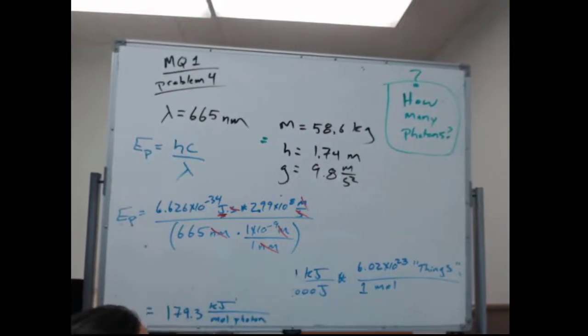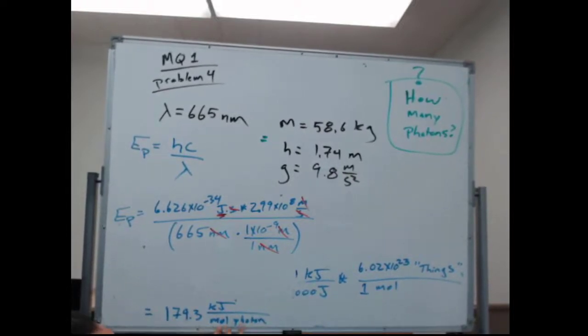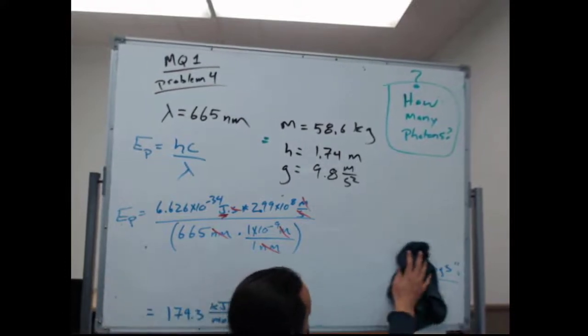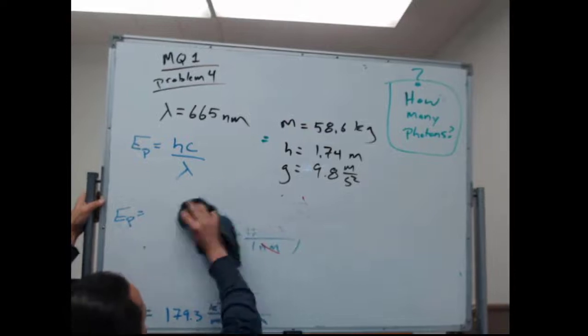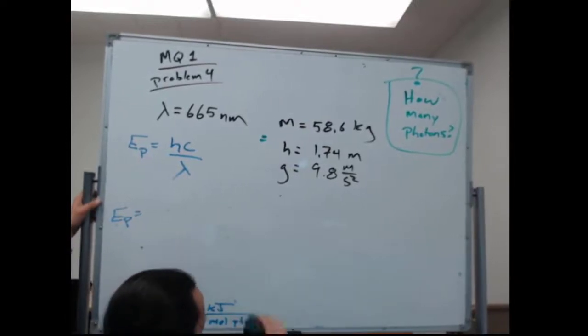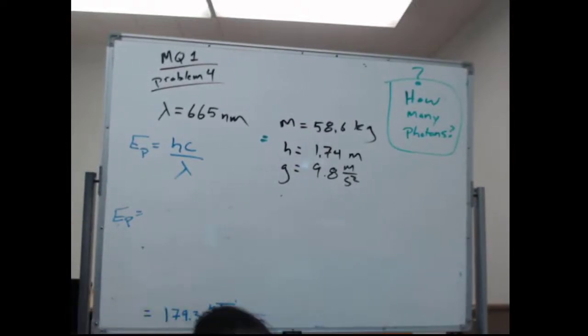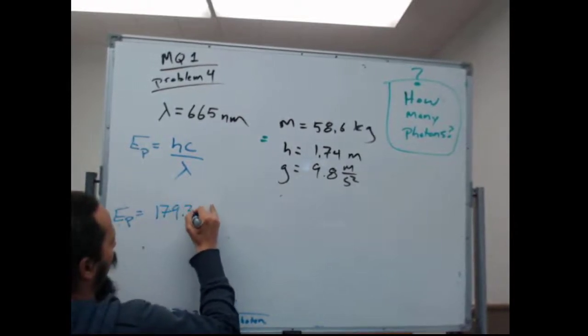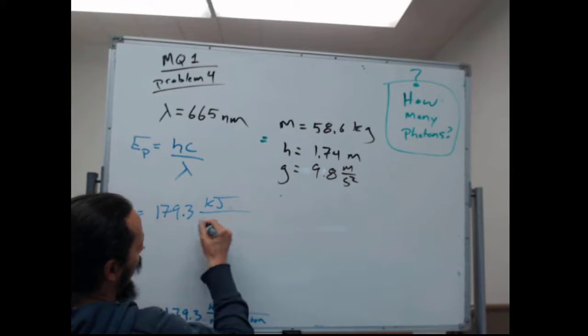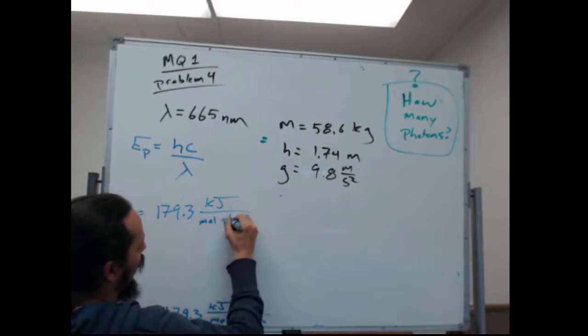I'm going to erase that. So again, because a mole is just a number of things, I like to put specifically what the thing is that it's keeping track of. So that's moles of photons. That part of the problem, I'm going to move that up here, and that's the first part of the problem. 179.3 kilojoules per mole of photons.